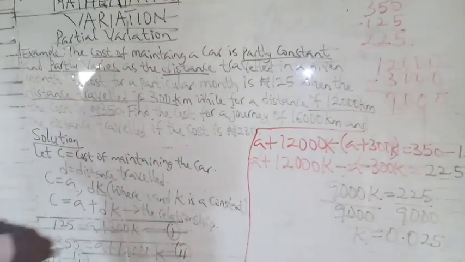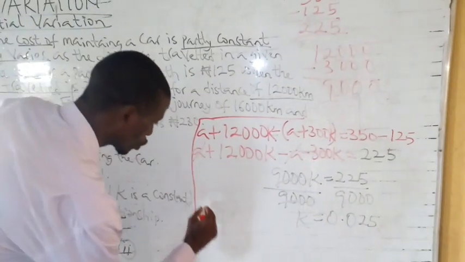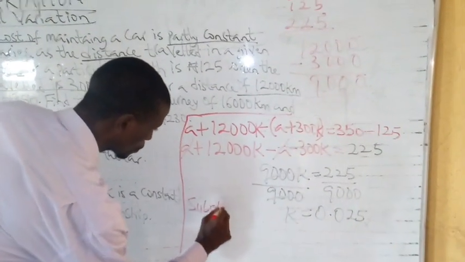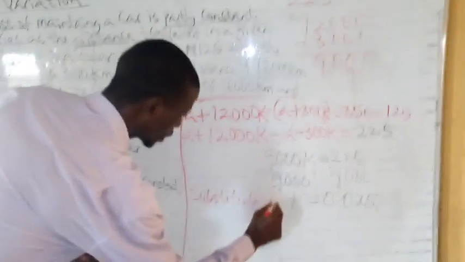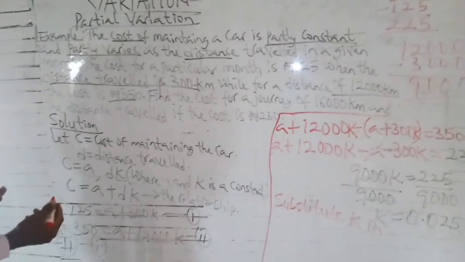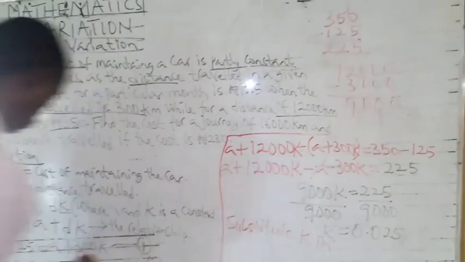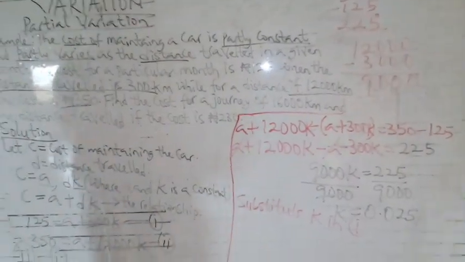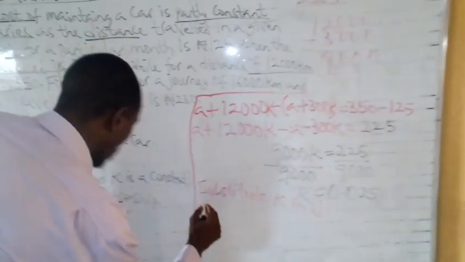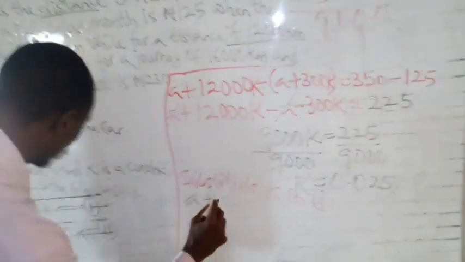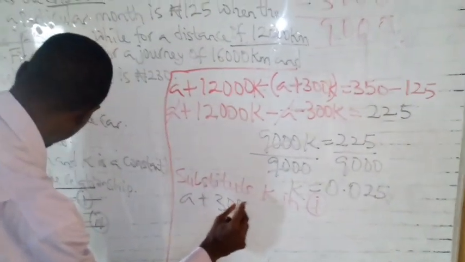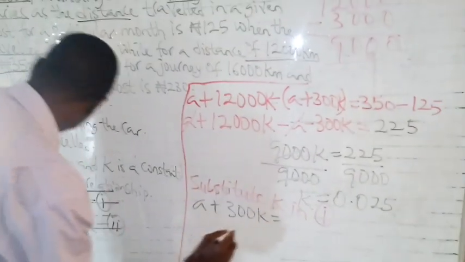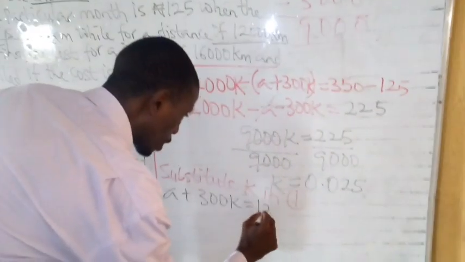Now let's substitute K in equation 1. And what is our equation 1? We have A plus 300K equals 125.